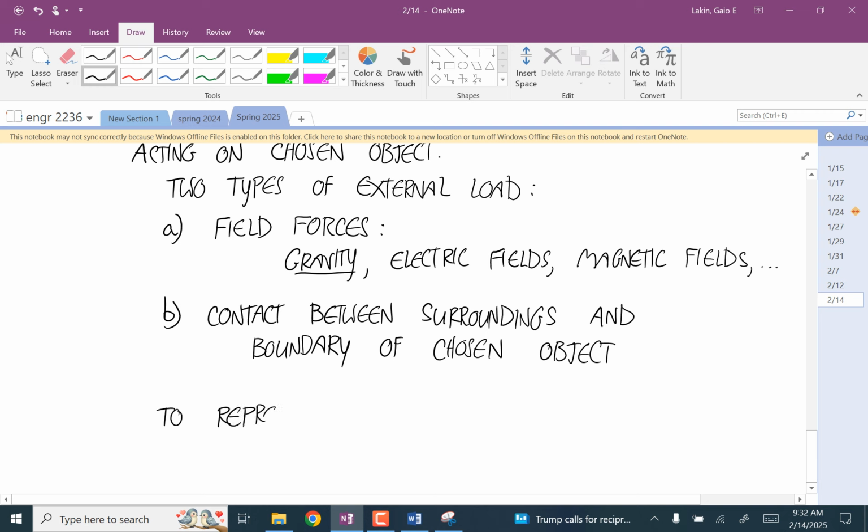To represent forces in the free body diagram, let me keep saying loads so that couples are included too.